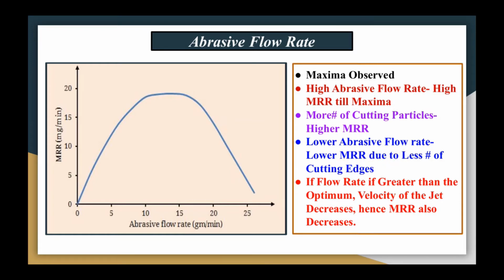If the flow rate is greater than the optimum value, then the velocity of the jet decreases, and hence MRR also decreases. Because the force of the jet is distributed among a greater number of abrasive particles, their velocity decreases, and once the velocity decreases, MRR also starts decreasing.